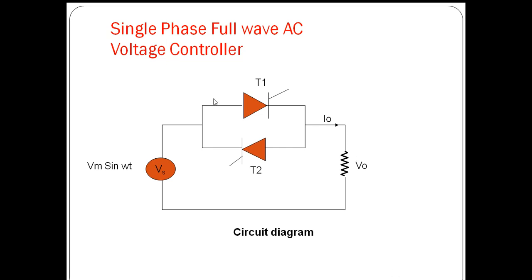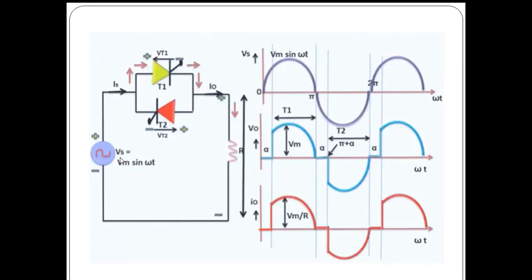We are going to see the operation of the single phase full wave AC voltage controller now. So this is the circuit diagram. This is AC supply and this is resistive load, and voltage across load will be V naught, current flowing through load will be I naught.